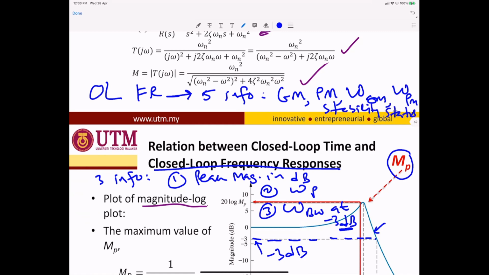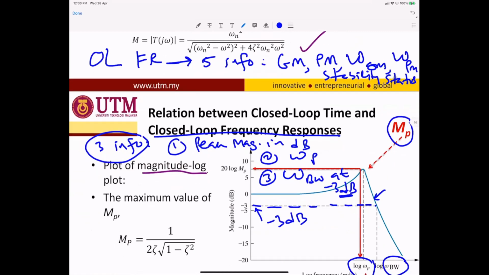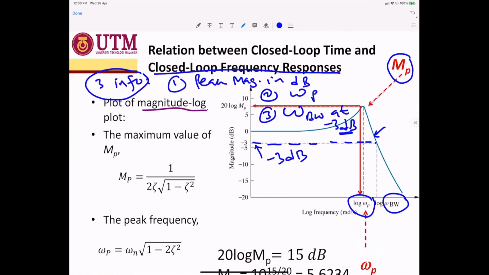Stable or not stable or marginal. So everybody please remember, for closed loop frequency response, we will obtain 3 important information: magnitude peak, peak frequency, and bandwidth frequency at minus 3 dB. For open loop frequency response, you will obtain 5 important information, which is the gain margin, phase margin, omega GM, omega PM, and stability status.